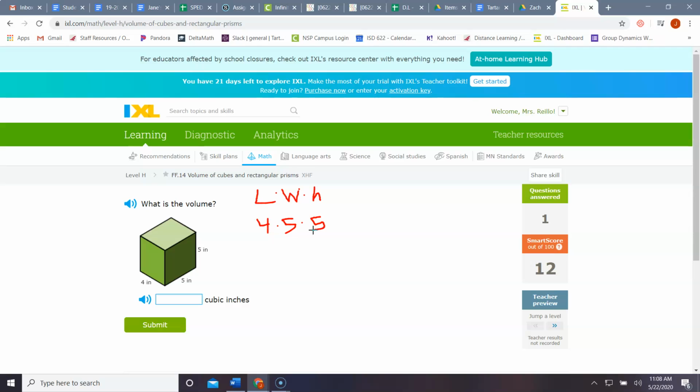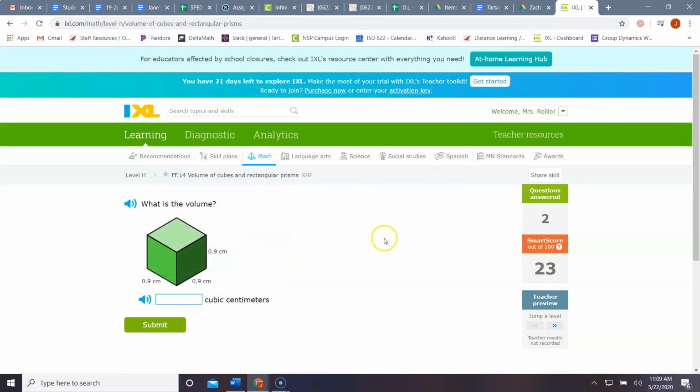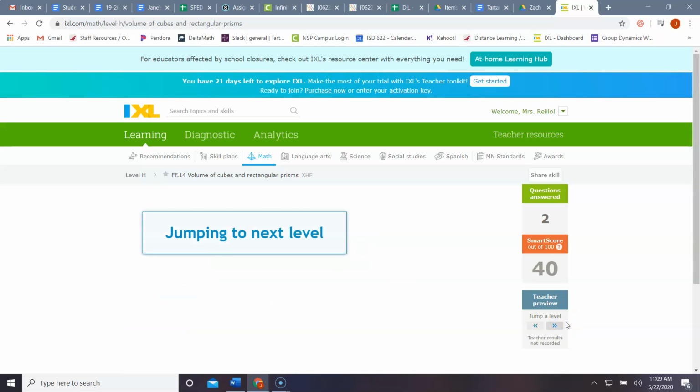Now's a great time to have your calculators handy, and it does not matter what order you do this in, because multiplying order does not matter if there are no parentheses. So 4 times 5 times 5 gives us 100. Go ahead and enter that, and we are great there.